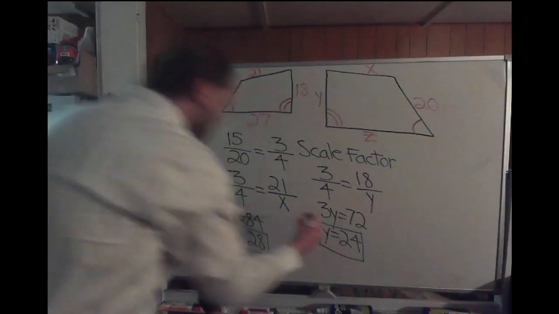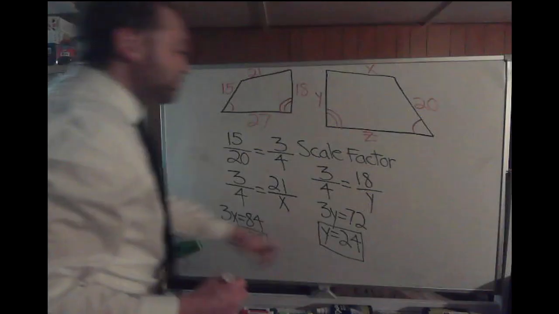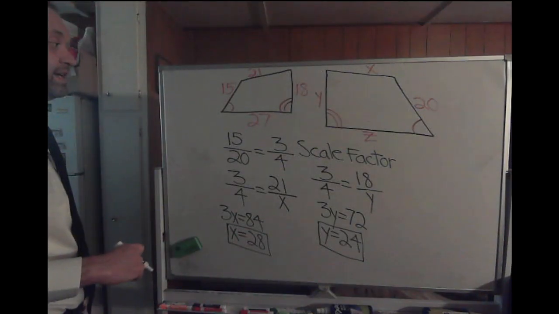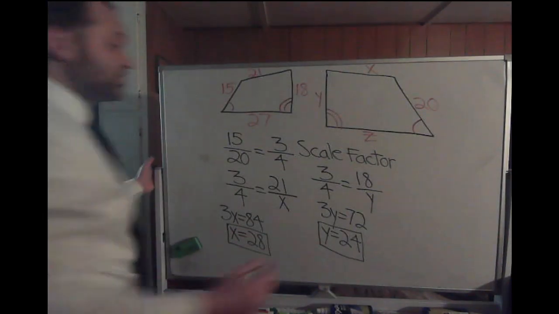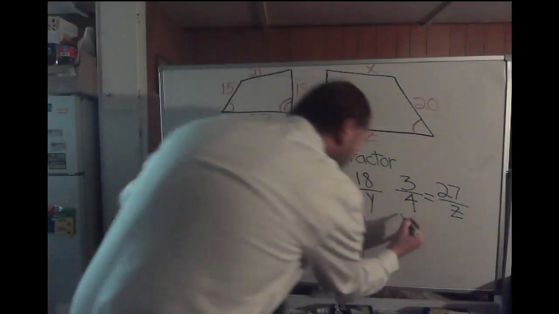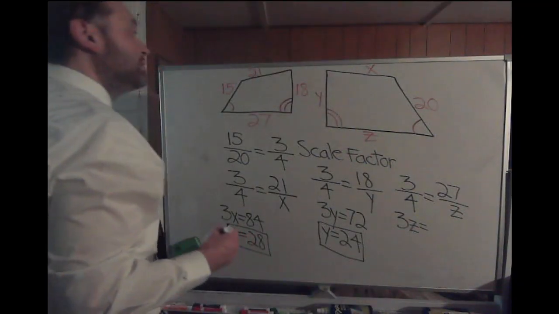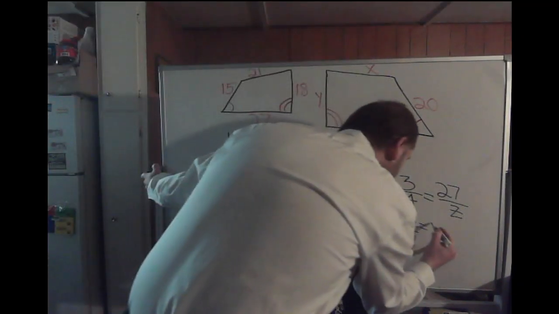So far we've identified x having a length of 28, y being a length of 24. Now we just need to find z. Again, start out with your scale factor of 3 to 4. Set that equal to, in this case, 27 over z, which would have to mean then that 3z is equal to 27 times 4, so that would be 108.